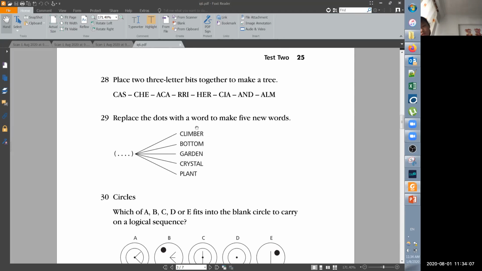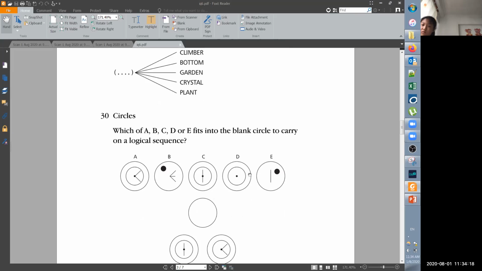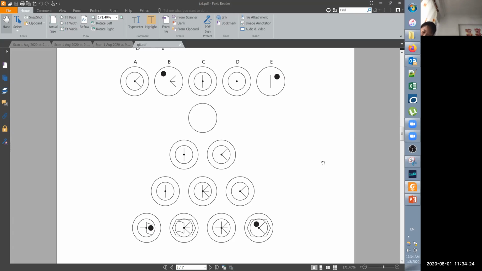Replace the dots with a word to make. 哇，为什么这个这么多英文呢？No need. 30, which of the A to D goes into the blank circle to carry on a logical sequence? So 哪一个？D。为什么 D 呢？因为这个是保留。什么叫保留？他们都保留这个线。解释一下。然后这个都保留这个，Okay, very good.